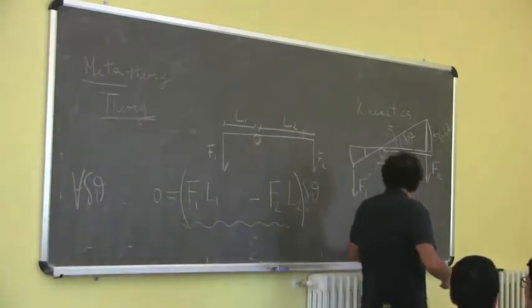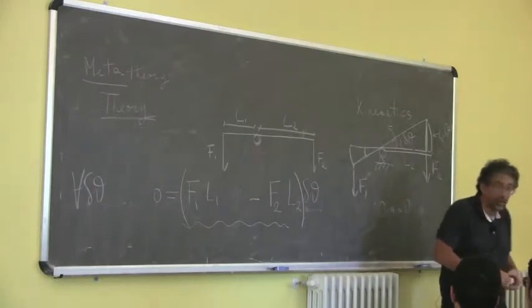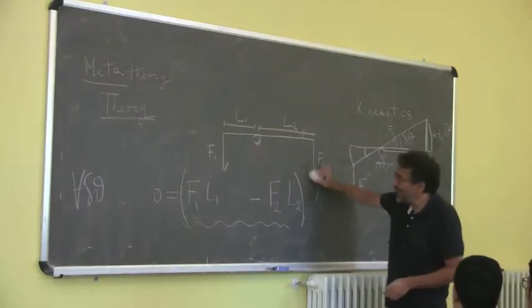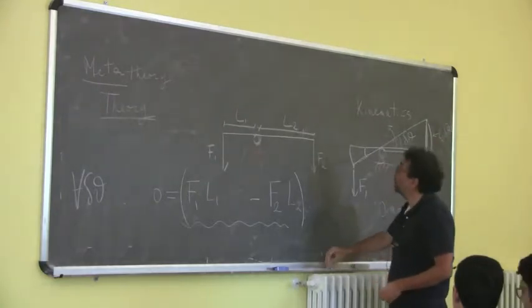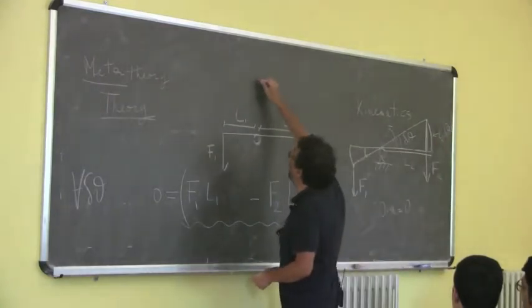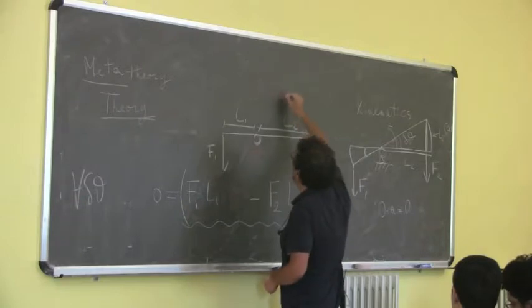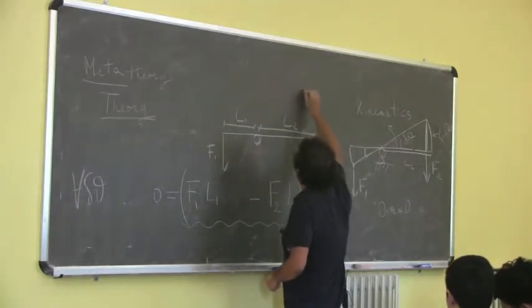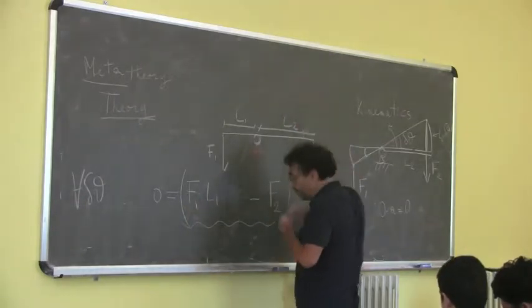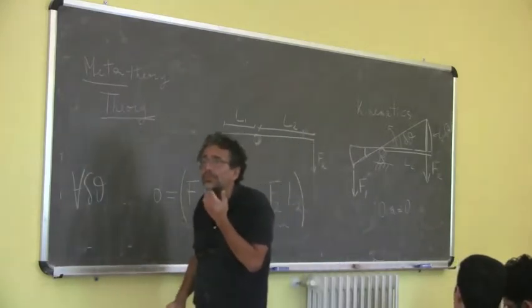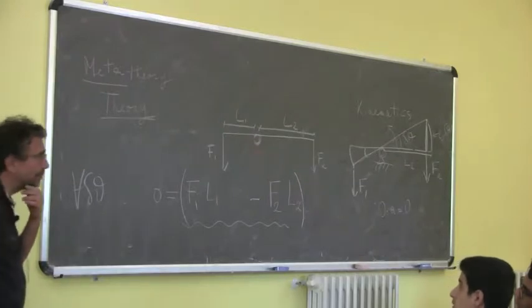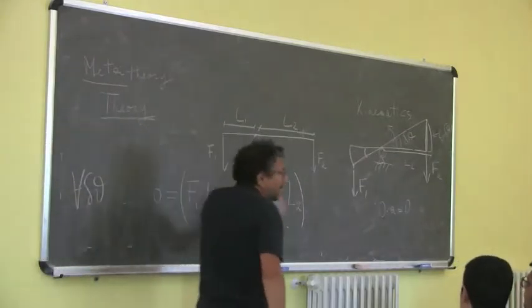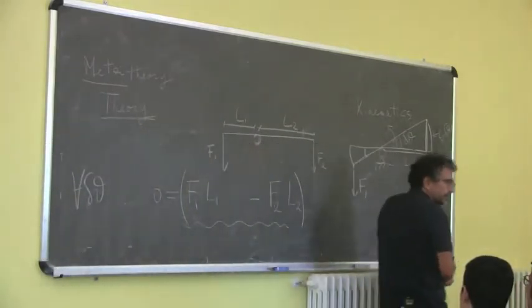So, using the principle of virtual work, you prove that equilibrium is given by this equality. Or, if you prefer, F1 times L1 equals F2 times L2. Okay? This is the condition for equilibrium.